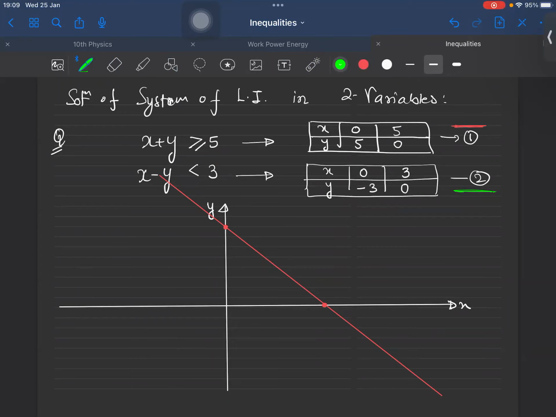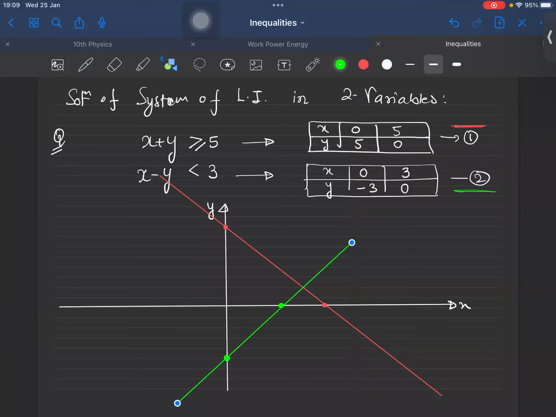So if x is equal to 0, y is equal to -3. If y is equal to 0, x is equal to 3. So somewhere around here. Now let's draw the line. We're connecting these 2 points.